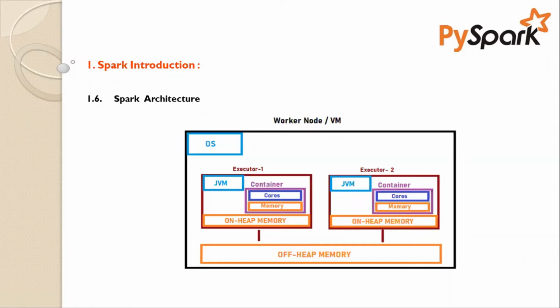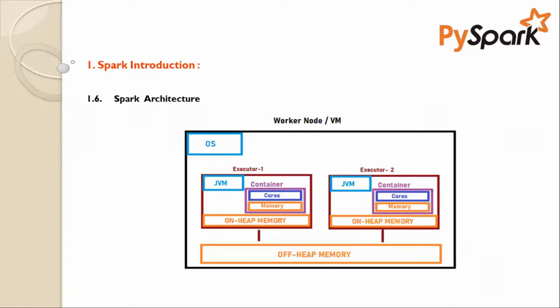Executor is a concept of Spark. We are giving some virtual name; this is not physical. Physical is the node we are discussing, or cores, or memory, or hard disk. These are all physical, but we are giving one name, that is an executor.